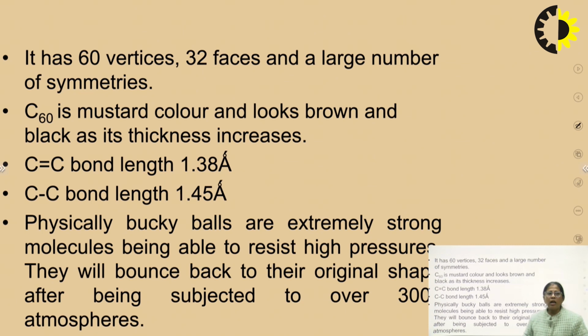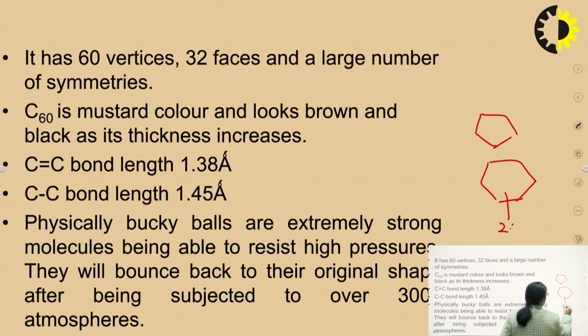Now, talking about C60, this molecule has 60 vertices and 32 faces. By faces, I mean the shapes of pentagons and hexagons, such type of 32 faces are going to be present, out of which hexagons form 20 faces and pentagons form 12 faces.